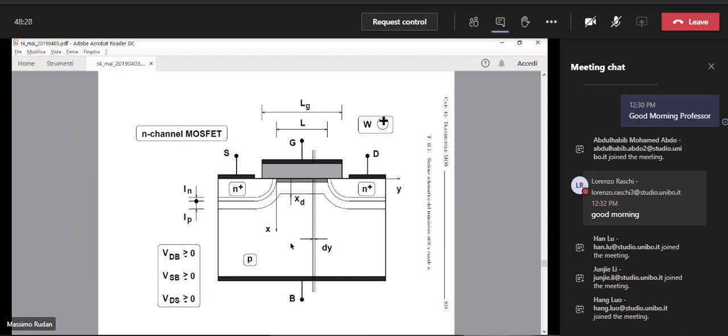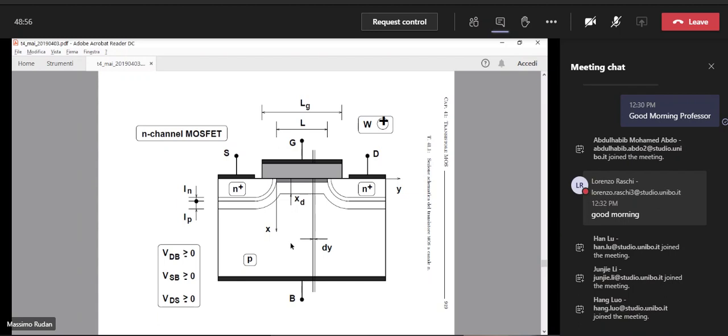Obviously, the device is 3-dimensional, but we assume that the device is uniform in the direction normal to the page, and that the width of the device in the direction normal to the page is equal to some value that we call W. W is the so-called channel width.